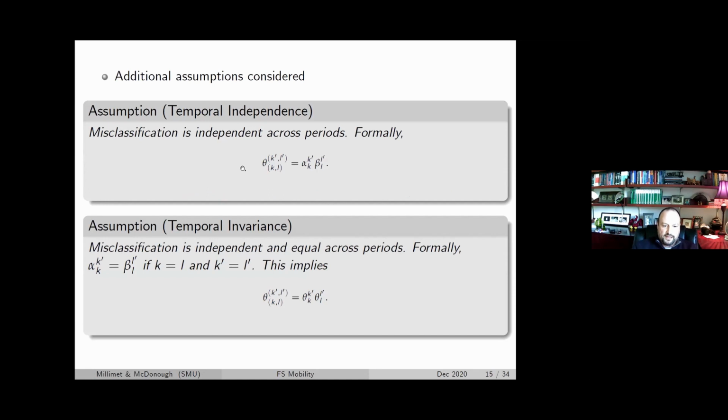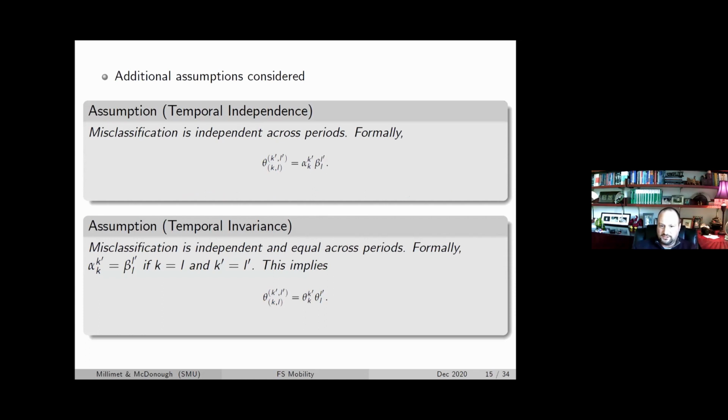The other two that do have a tremendous amount of identifying power, we call temporal independence and then invariance. So the independence just means that the probability of the parent generation misreporting is independent of the adult children misreporting. And that may or may not be reasonable. I mean, in our data, the parents and the children are being measured at roughly 15 to 20 years apart.